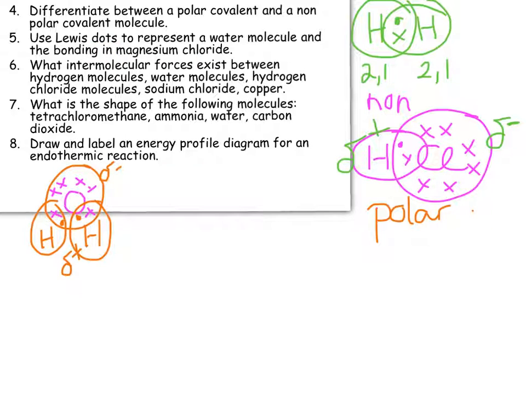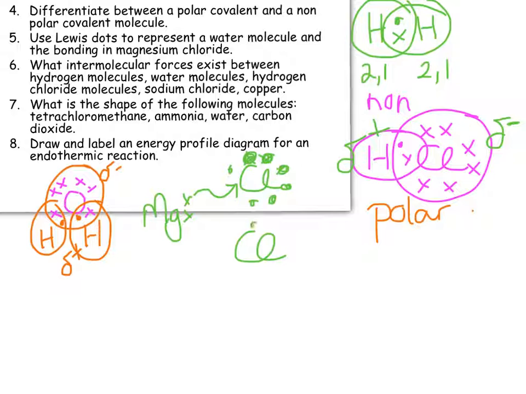With magnesium chloride, it's magnesium and chlorine. Magnesium is a metal, chlorine is a non-metal, so I am going to have magnesium with its 2 valence electrons, chlorine with its 7, I better do those as dots, 7 valence electrons. 1 electron is transferred to the chlorine, and if we do that again, the second electron is transferred to the chlorine from the metal to the non-metal.